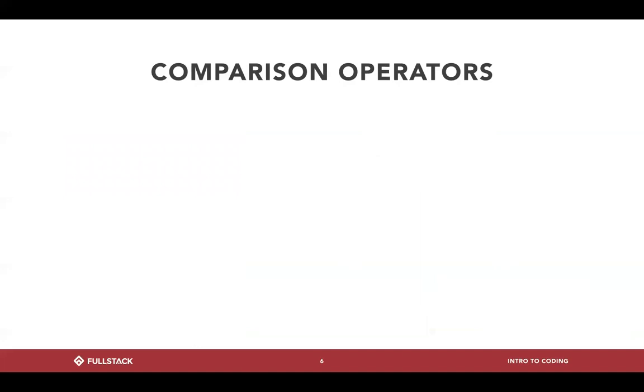Moving on to comparison operators. Comparison operators take this idea that a thing is a condition, right? Like some sort of statement, like num is greater than 8, that can coerce to true.